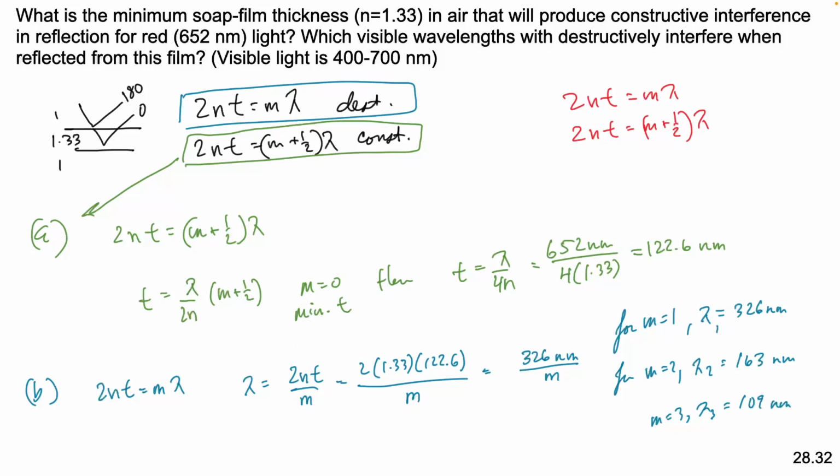If we had gotten, say, lambda 1 of 1,200 nanometers, that first one wouldn't fit because it's outside the visible range. The second one would be at 600, so that one fits. The third one would be at 400, so that fits. So there would be 2 that fit in the visible range.